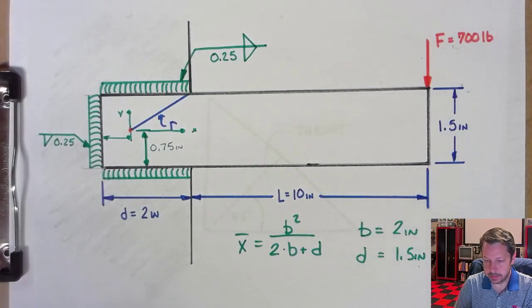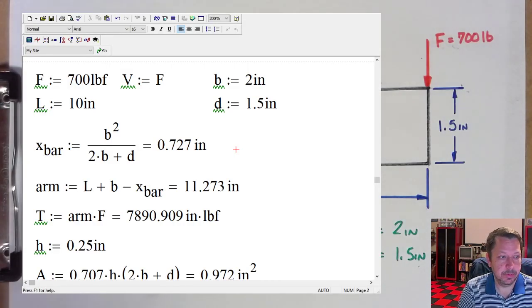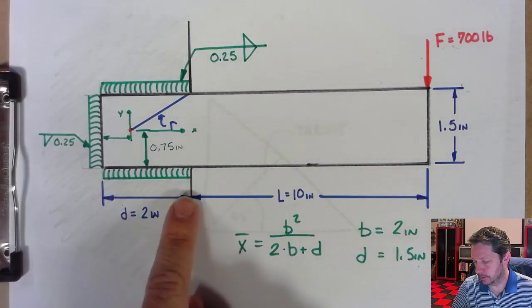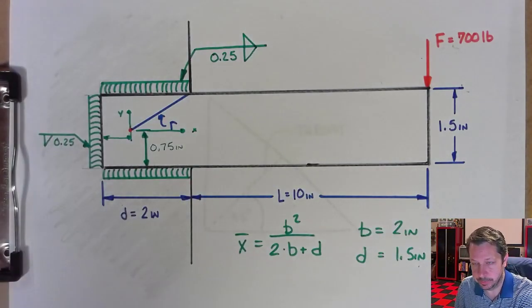So if I plug those in, I've got them over here in MathCAD. I've already gone ahead and plugged in some things like F is 700 pounds, V is the same as F, so that's the shear force, that's the direct shear. There's the values for b and d. L is 10, remember, that's this distance from the end to the wall portion.